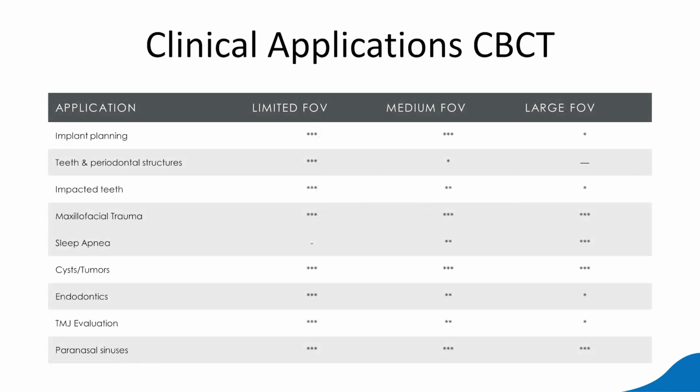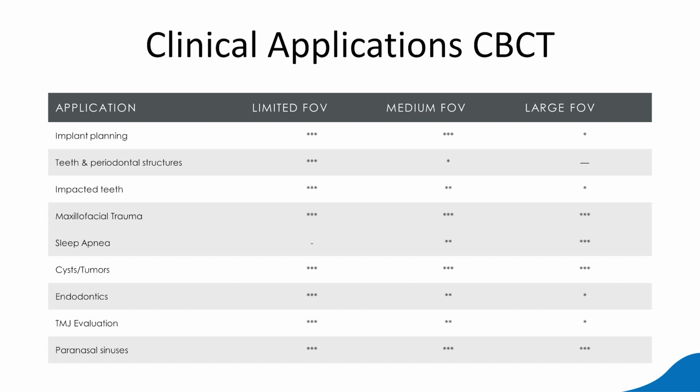And then all of these examples are clinical application on CBCT. So if you're planning implants, that's a must. You should really consider to have a CBCT view because you need to see in three dimension the area where you're going to place your implant. If you want to extract impacted wisdom teeth or impacted supernumerary teeth, it's a very useful exam.